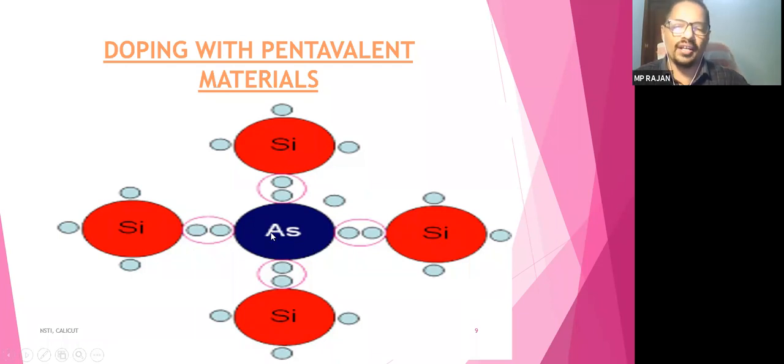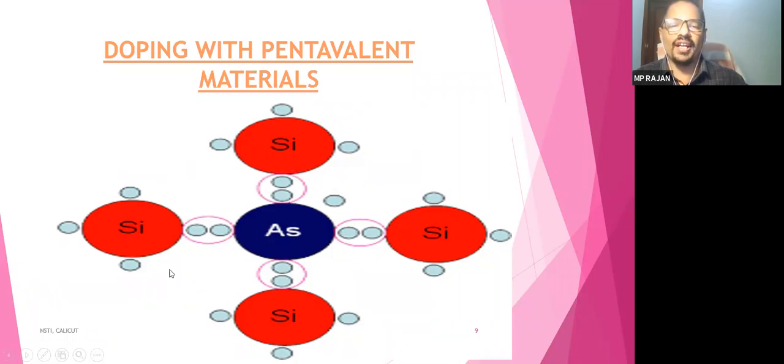So in the extrinsic semiconductor, arsenic has 5 electrons in the outermost shell, whereas silicon has 4 electrons. Okay, so 5 electrons are there. Now, how are these bonds being made? Let us see. Arsenic is also sharing the electron, but silicon requires only 4.